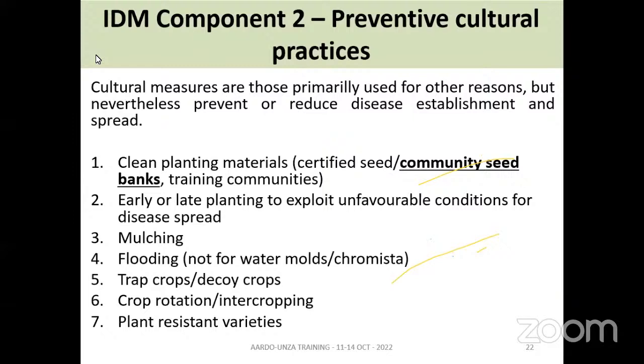On the thresholds, economic thresholds at the global level, you're talking about low, medium, high. Yes, it is true that in most cases that is how we categorize it. But I think we need to refine it. Low, medium, high is good if that is the only thing you have.